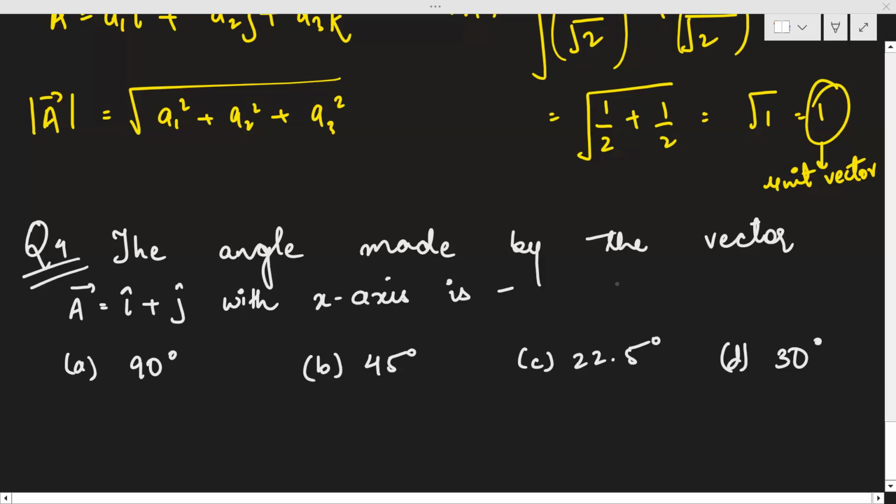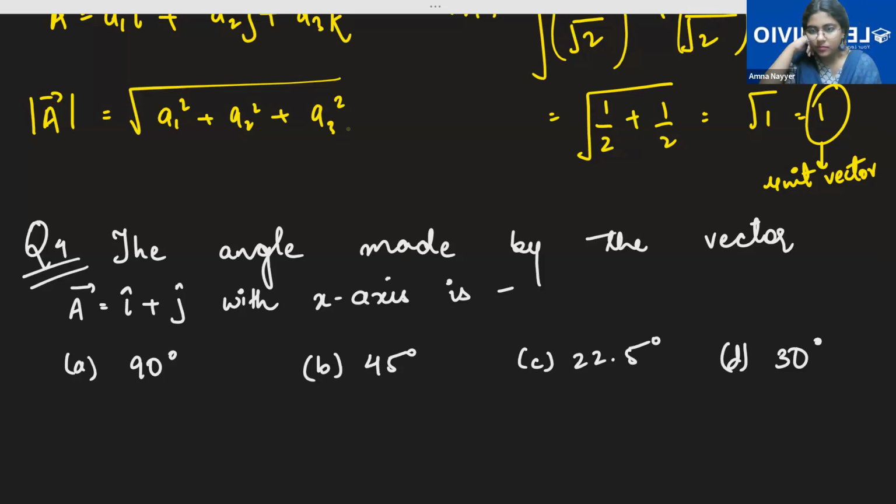Ma'am, is it 90 degrees? Because I'm getting cos theta as 0. No, see, I'll tell you. Cos theta is 0. What did you apply? Since it's on the x-axis, it's going to be cos theta, right?